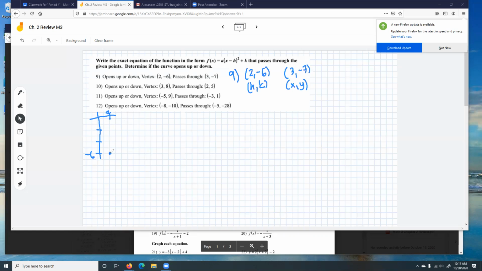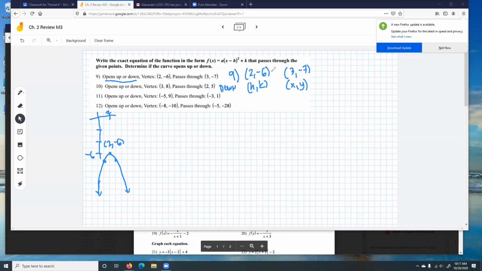So, is this graph going up or down? Well, if the vertex is at 2, -6 and that's a point on the graph, then it's obviously going down, right? And I would mirror this point over here. So this graph is going down. We can find that out through the equation.